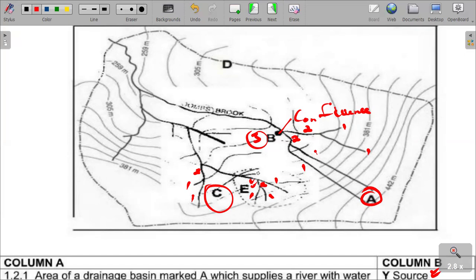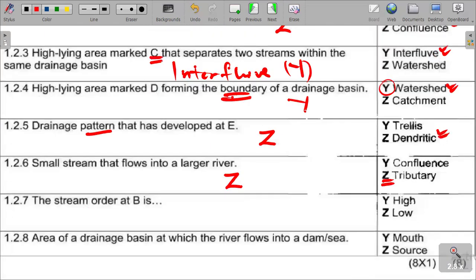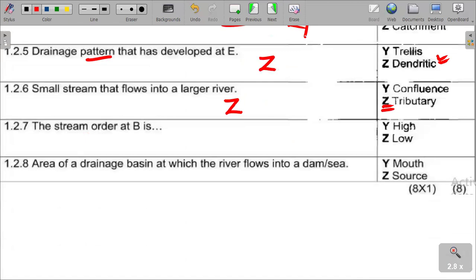Because we have first order here again, it forms a second order along this one, so we can have a third order there. But this one is first order because it gets its own waters on its own. We can say this is a low order because we are still within the short or first stream levels. Therefore, it is called a low order, which is Z.